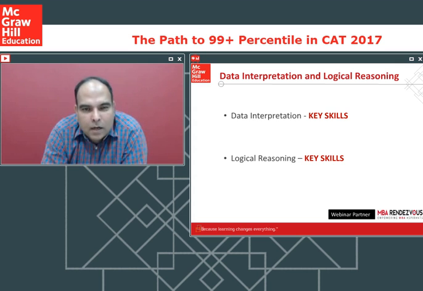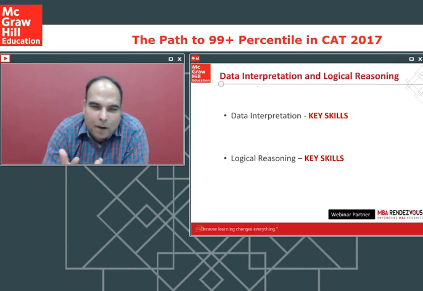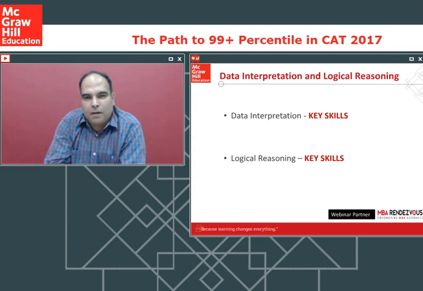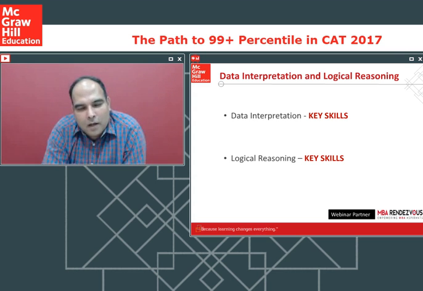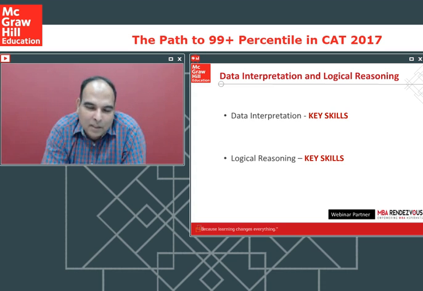I often tell students that the biggest gift somebody can give you is 100 valid questions on which you should learn. That's the biggest gift. That's the biggest gift that somebody can give you, because if you are, let's say, at 4 out of 7 in an area, in a question type. Maths is about chapters, DI and reasoning are about question types.